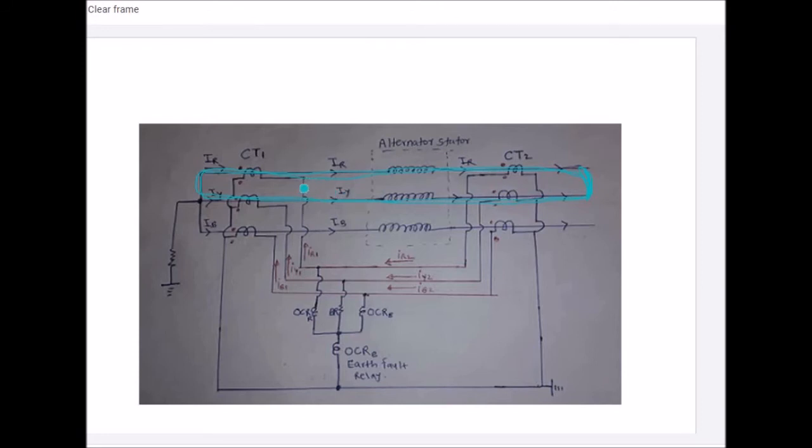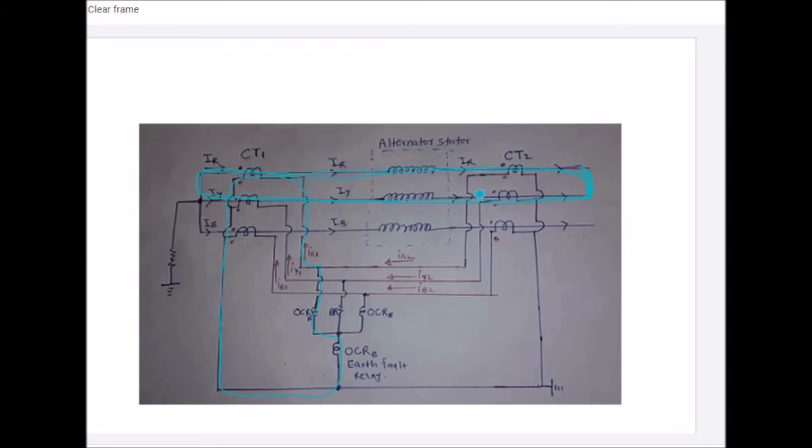Therefore, the respective secondary outputs of the CT1 set and CT2 set are IR1 current and IR2 current. Observe IR1 and IR2. IR1 flows from this terminal through the CT secondary, then the neutral point of the CT1 set, then through the earth, through the earth fault relay, and then the overcurrent relay of R phase. This is the path of IR1.